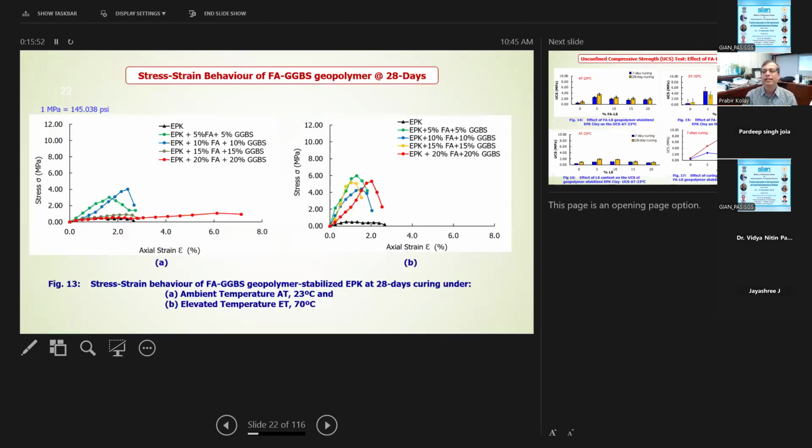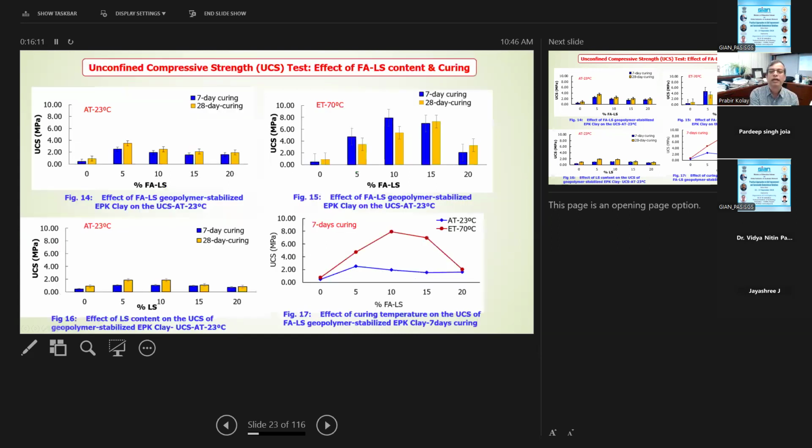And then these are the results for 28 days strength, again, fly ash with GGBS. Earlier it was fly ash with lime sludge, now fly ash with GGBS. So again, elevated temperature shows higher strength compared to the ambient temperature.